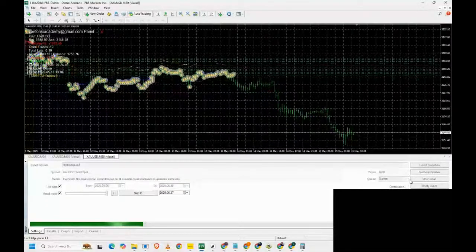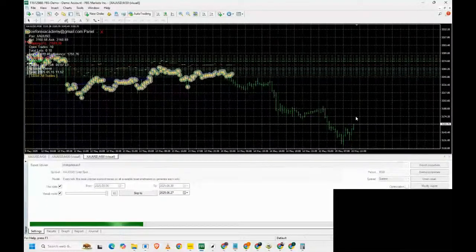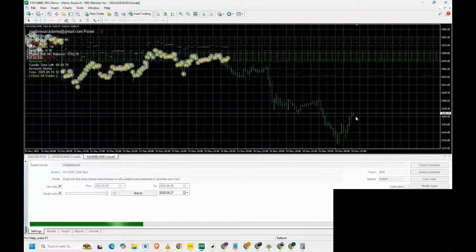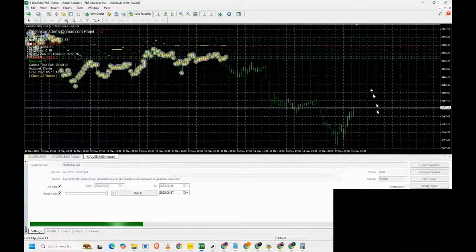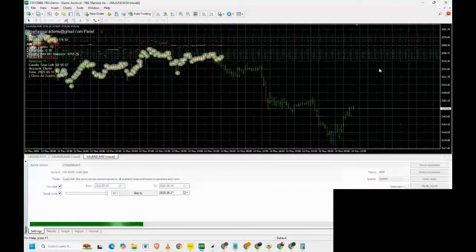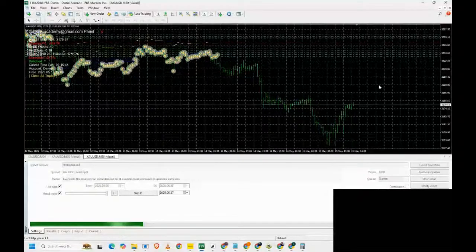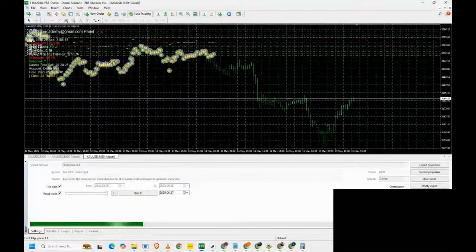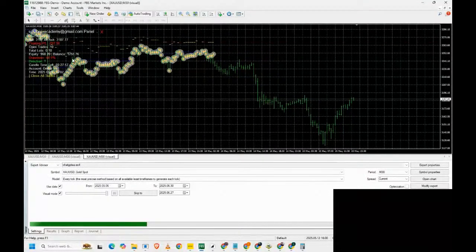If I should leave the bot trading, it will keep trading. Perhaps it will recover the account when it gets to this place. But given the strategy we're using, I want to do that manually. I will just stop the bot. Now, 1755 on the 13th of May, that was where we got. The bot had a maximum of 10 trades and could not go further because, of course, the market is unpredictable.